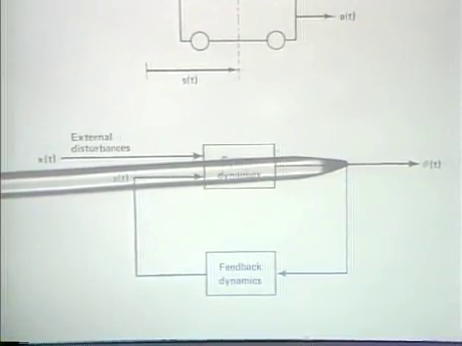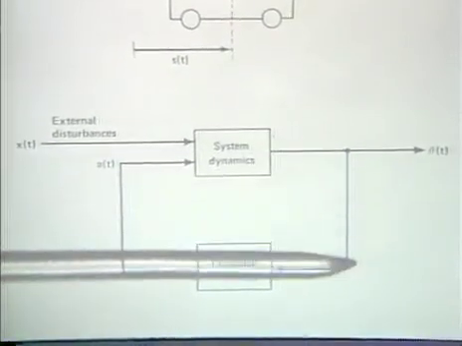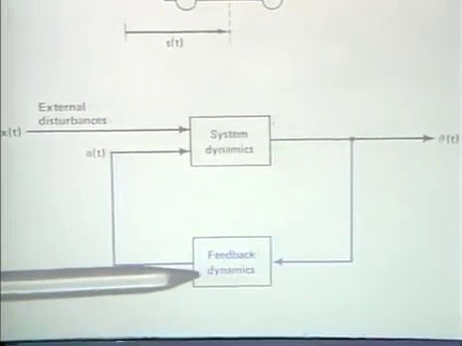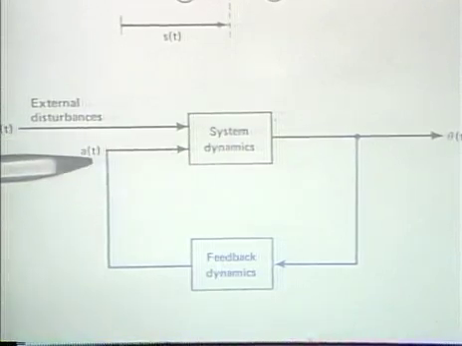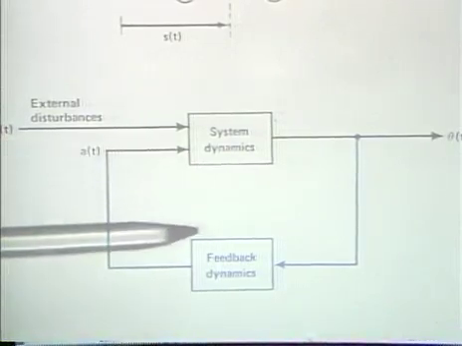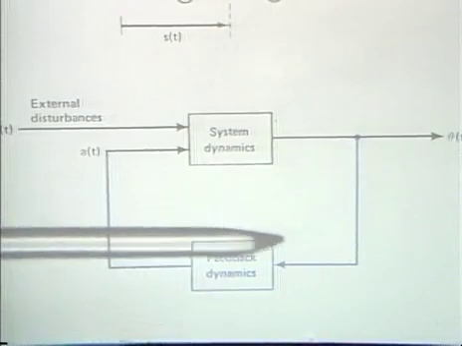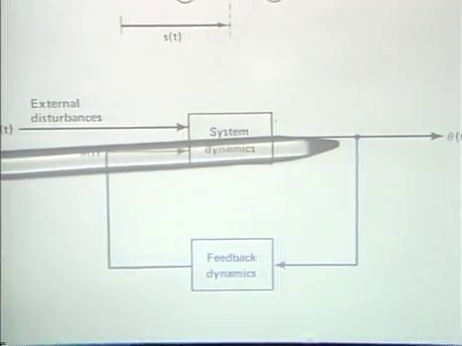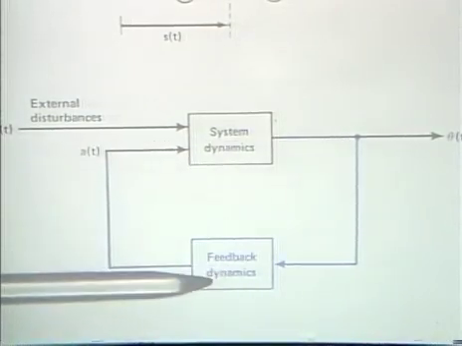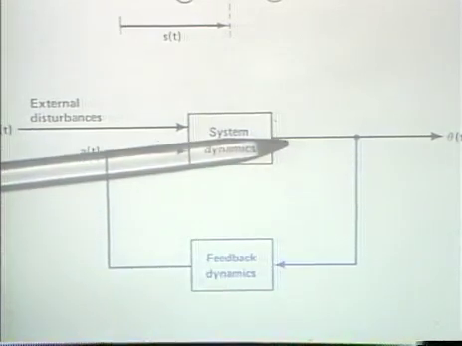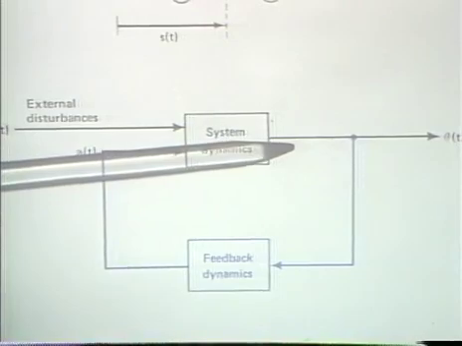So we would measure the output angle and generate an input acceleration which is some function of what that output angle is. And if we choose the feedback dynamics correctly, then in fact we can drive this output to 0.